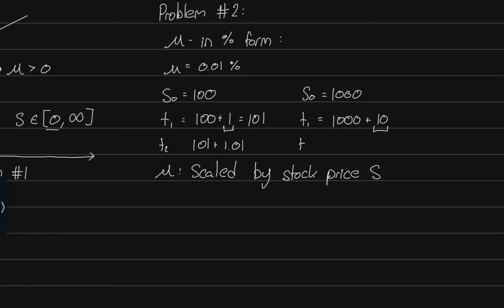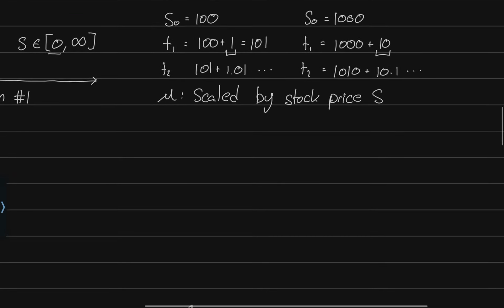And if I take T2, I would have 1010 plus 10.1. And I can continue this so on and so forth, right? Just to further my example. But this is going to be our important conclusion right here.